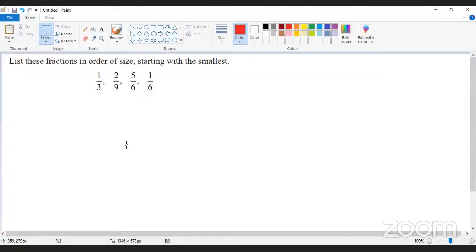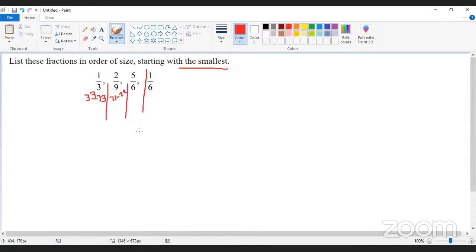List these fractions in order of size, starting with the smallest. What is the first one in percentage? Tell me their percentage values. Starting with the smallest. So 33.33. Second one will be 22.22.